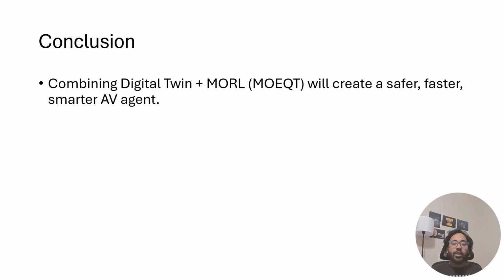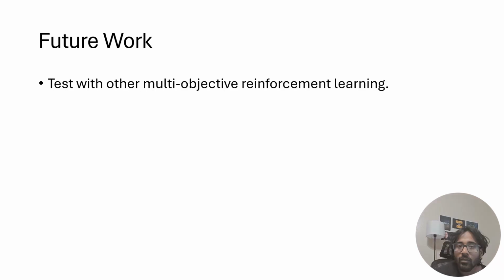In the conclusion, we can say that combining the digital twin and multi-objective reinforcement learning, such as envelope Q-learning, can create a safe, faster, and smarter autonomous vehicle agent. For future work, we can use other multi-objective reinforcement learning methods used in different previous studies and compare them.